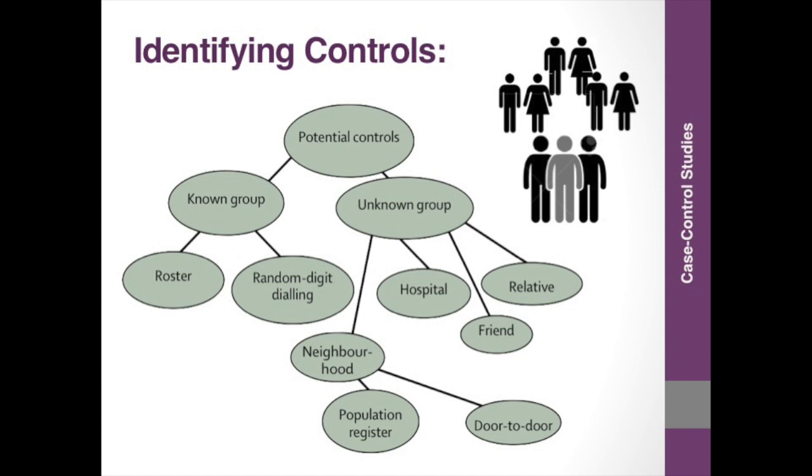There might be hospital controls that are drawn from surgical, orthopedic, or medical units of the same hospital. Controls might also include friends or relatives of the cases, and the advantage of this is that they might have similar background and exposures. In particular, the relatives might help to control for genetic confounding factors, and so on.